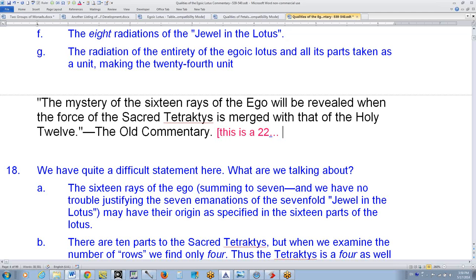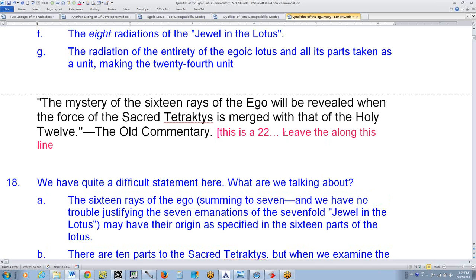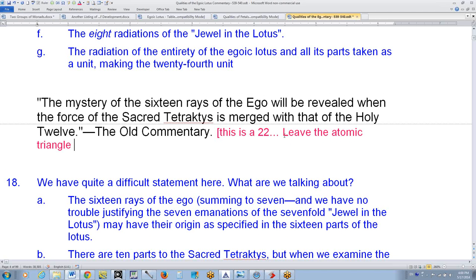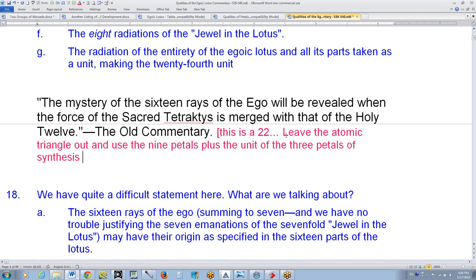One way to make a 10 is by leaving the lower triangle out altogether as pertaining to the lower form, and leave the atomic triangle out, and use the 9 petals plus the unit of the 3 petals of synthesis and the jewel as one.